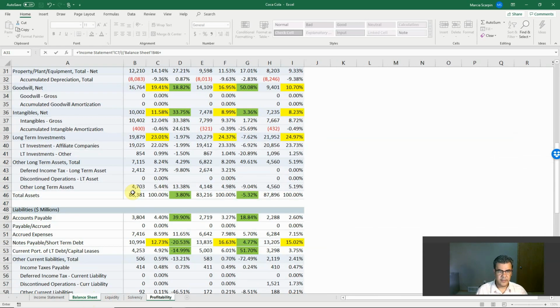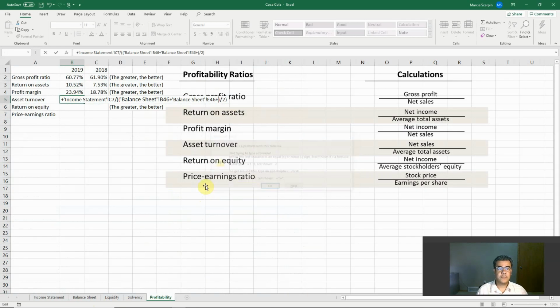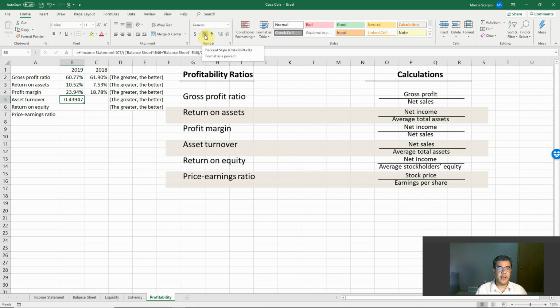Total asset 2019, total asset 2018 divided by 2. Oh, there is a plus here. Okay, 0.43 is our asset turnover here.